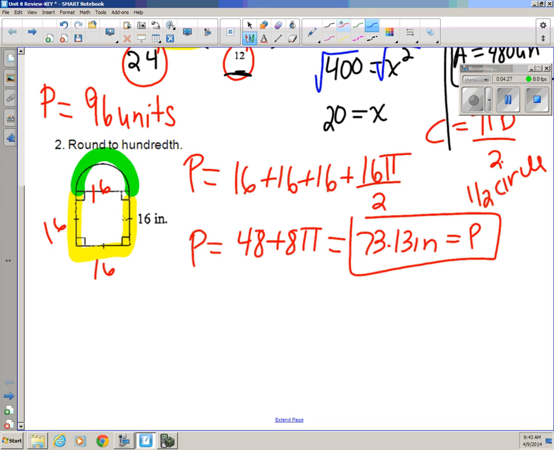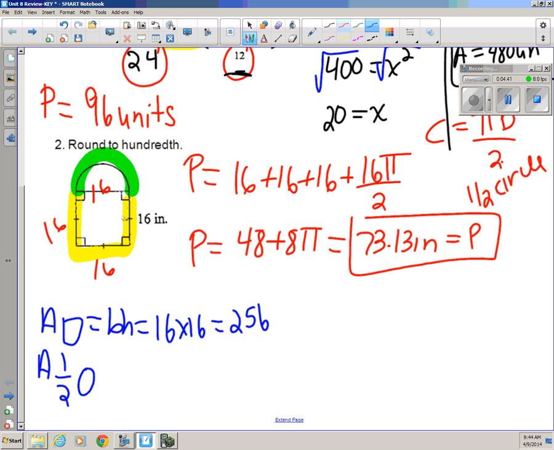When I find my area, I want to get the area of the square, which is base times height, 16 times 16, which is 256. I need the area of a half of a circle, which is pi r squared divided by 2. Well, 16 is the diameter, so the radius is 8.